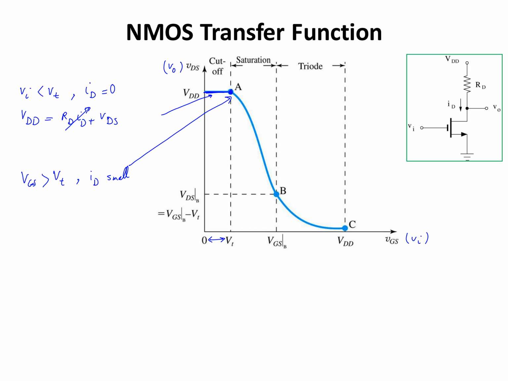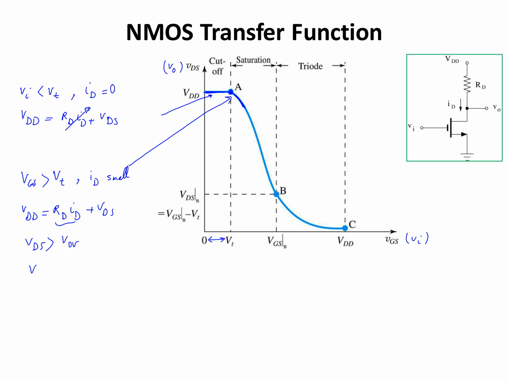So if ID is small, again by looking at the drain to source KVL, VDS is a value close to VDD, and because VDS is a large number greater than overdrive voltage, this transistor operates in the saturation region.